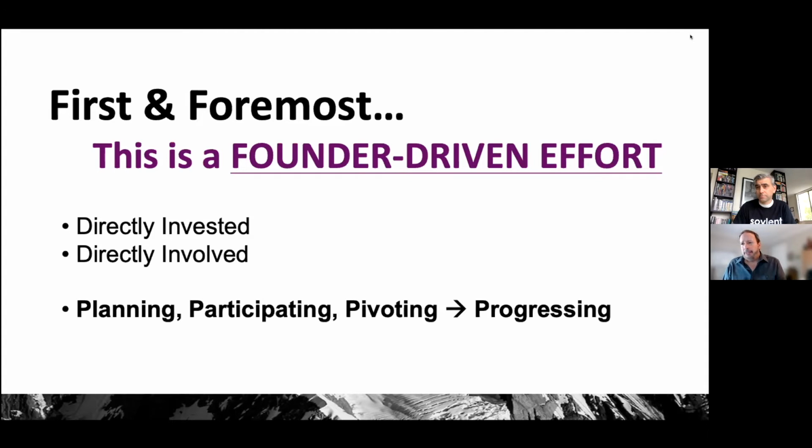One of the things that we've realized very quickly is that it is critical for the founders themselves to be involved in this customer discovery process. There's a couple of reasons for that. The most important is that you are aware of everything going on with the company, the product development, all the discussions that you're having with different stakeholders.